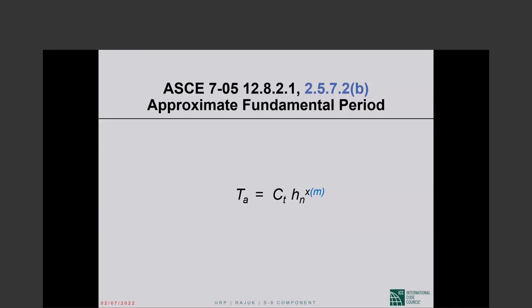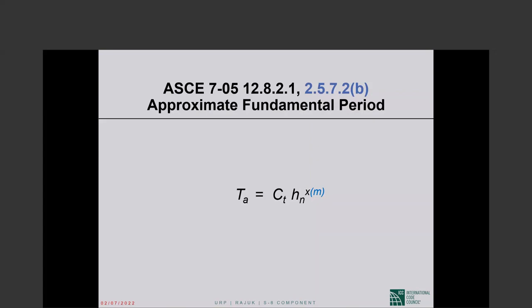In the 500 foot direction, the building is extremely rigid, extremely rigid. I mentioned to you yesterday, okay, flexible buildings have long periods, rigid buildings have short periods. Okay. So in the 500 foot direction, the building has a much shorter period than in the 100 foot direction. That is common sense, right?